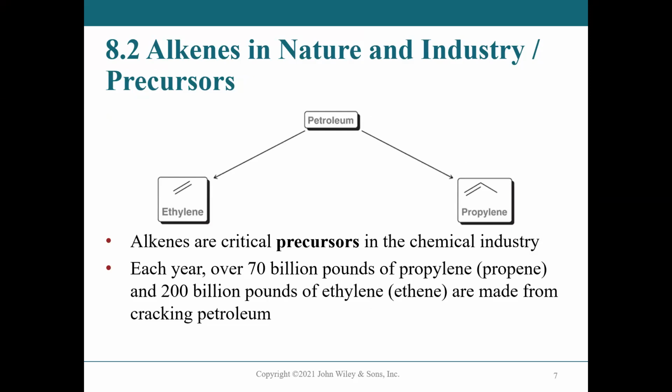Something you should take note of is that alkenes are critical precursors in the chemical industry for ethylene and polypropylene. These two products are made from petroleum, but they are precursors to other products that we use, such as plastics and all different types of materials out there. So I just wanted you to be aware of that.